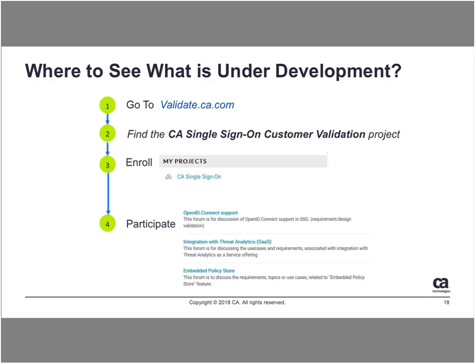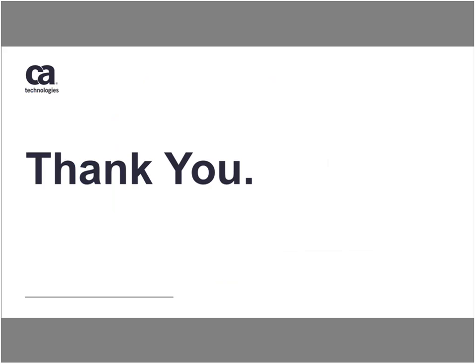There's a site, validate.ca.com, which is open and available on an ongoing basis. If you go to that site, you can find the CA Single Sign-On Customer Validation Project, and if you enroll in that, you'll be able to participate and see additional work going on on that front. So that brings to a close the prepared comments.